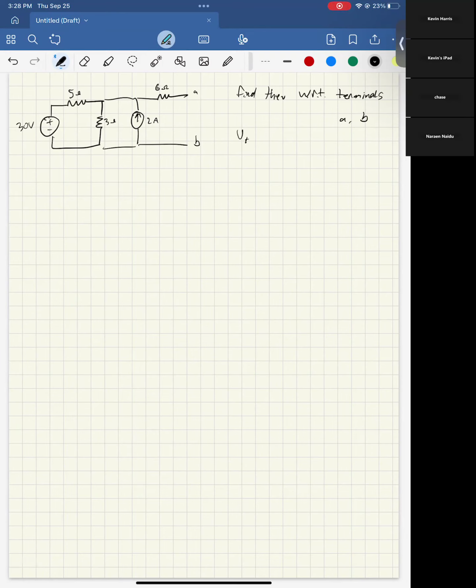So VTH is going to be equal to VAB. So that means we need to find the voltage between here and here, right?